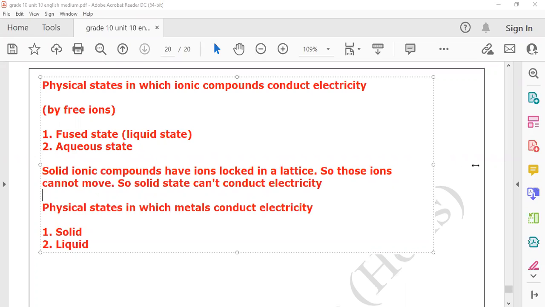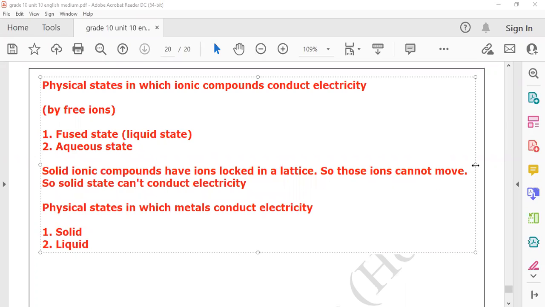Why does the solid state of an ionic compound not conduct electricity? In that state it is a lattice. Because it is a lattice, the ions are not able to move. They are fixed in place, and cannot move to any side.